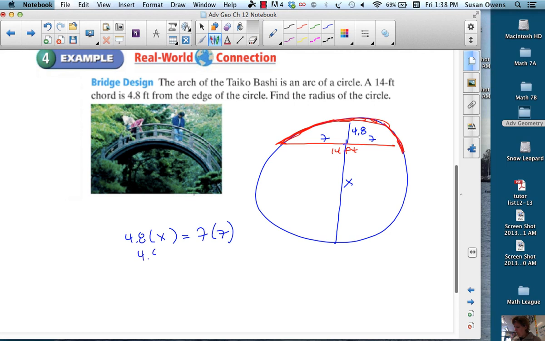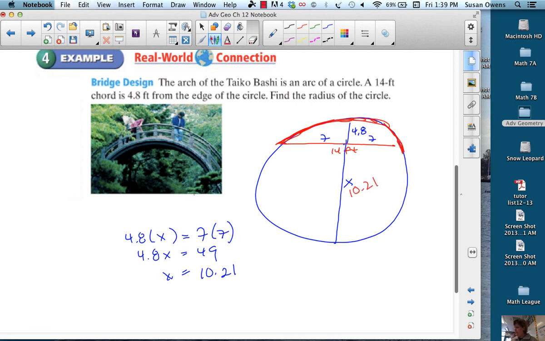So 4.8x equals 49. And if I divide by 4.8, I get 10.2. I'll call it 10.21. So this is 10.21.